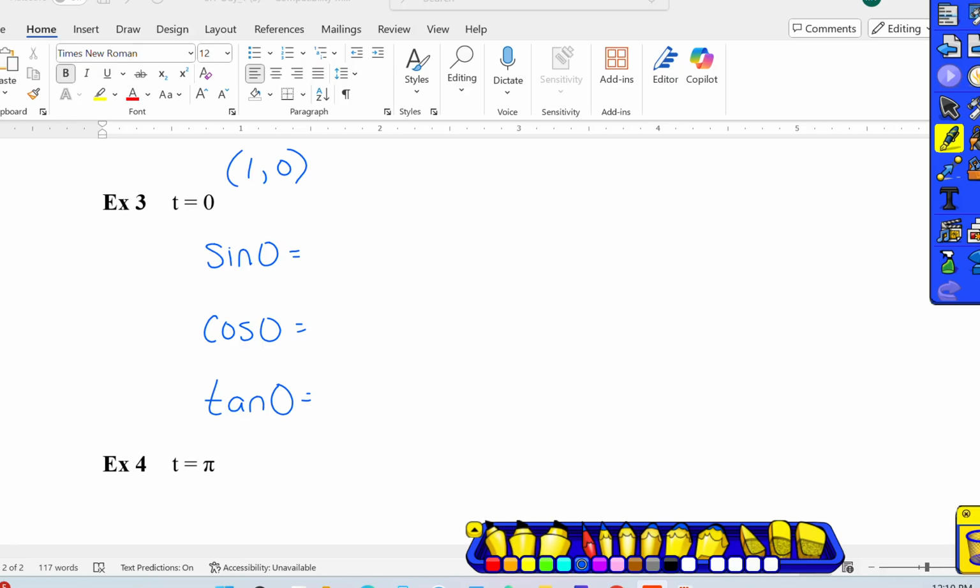Okay, sine is the y. So my y value is 0. Cosine is the x. That is 1. And then for tangent, sine over cosine. 0 divided by 1 gives me 0.